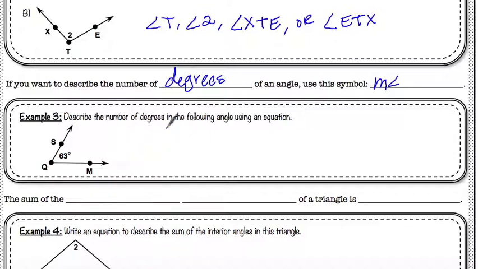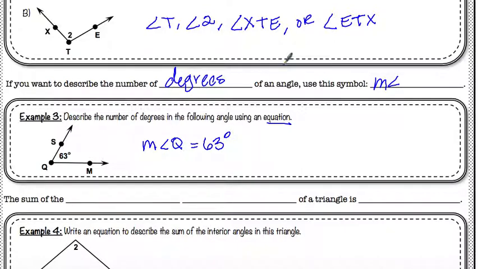Example 3 says, describe the number of degrees in the following angle using an equation. Okay, so I see that this is angle Q. The measure of angle Q, this is an equation, so it should have an equal sign, is equal to how many degrees? 63 degrees.